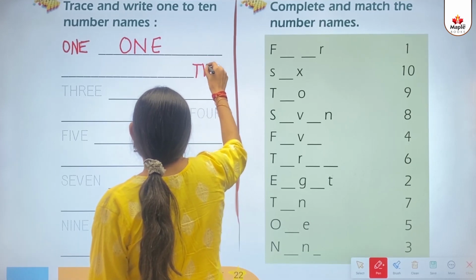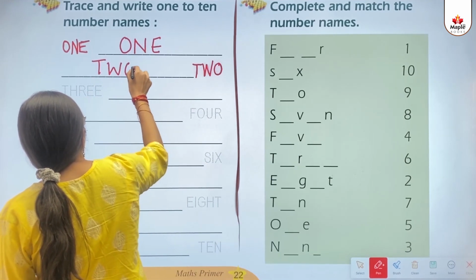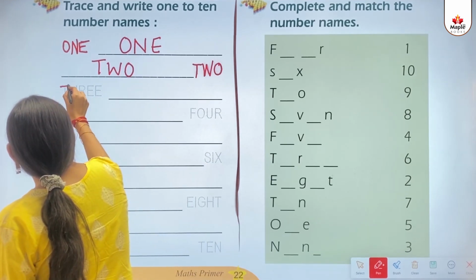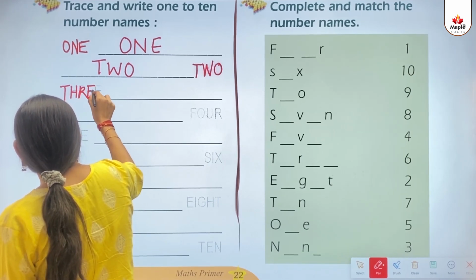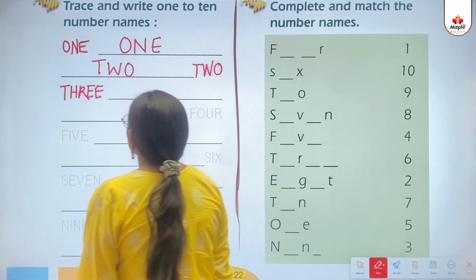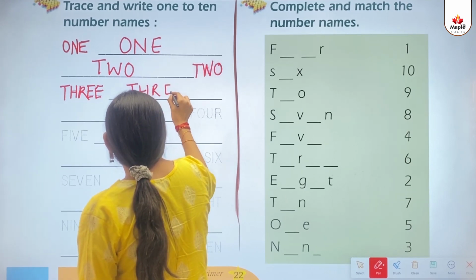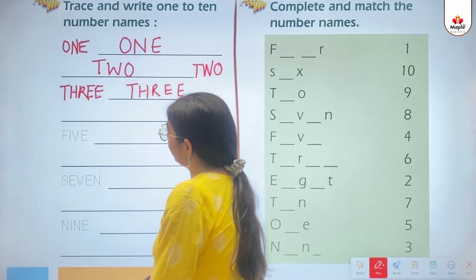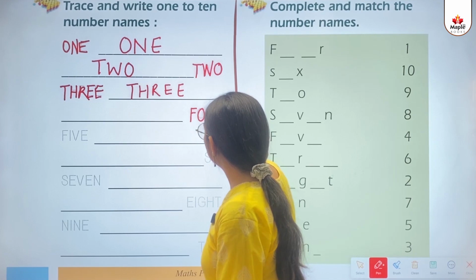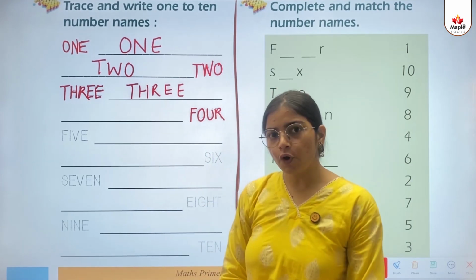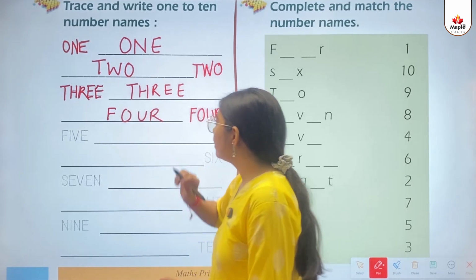O N E, 1. T W O, 2. T H R E E, 3. F O U R, 4.